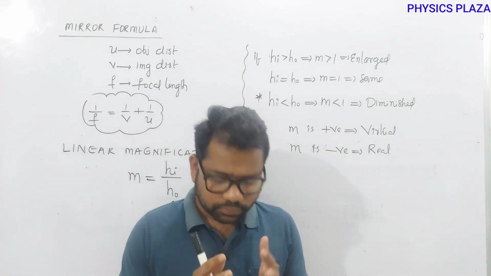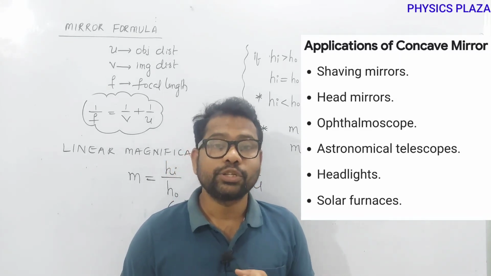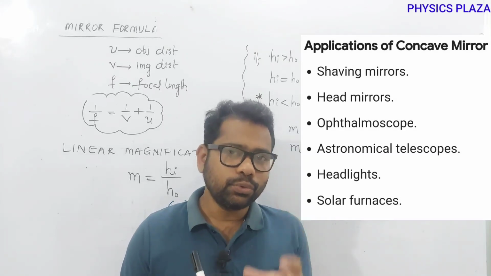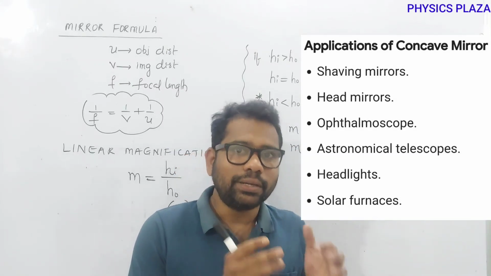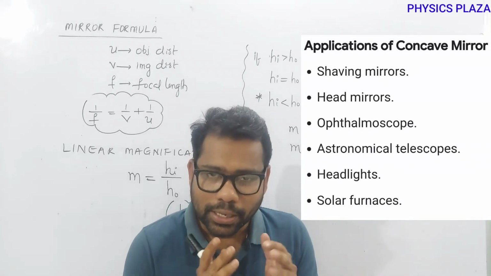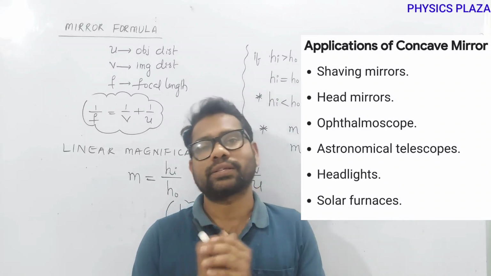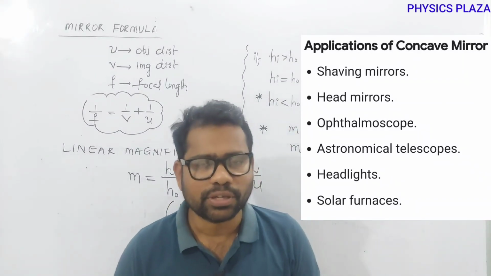Concave mirror is used as a shaving mirror, and it is also used in solar cookers. It is used by a dentist, and it is also used as a reflector in searchlights. So you can remember these 4 applications, that is enough to write in an examination.